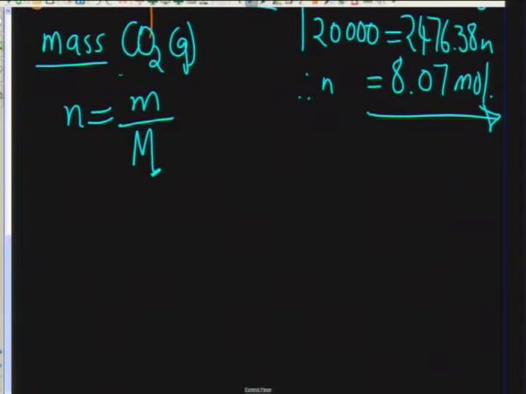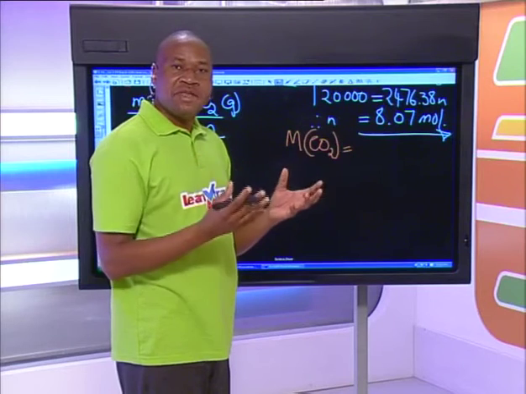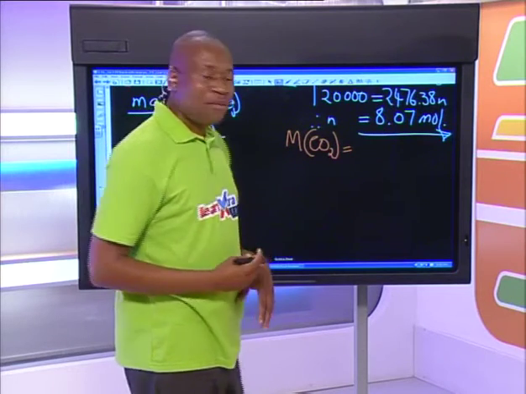Now we're talking about carbon dioxide. It means here we will need to find out what is the molar mass of carbon dioxide. And how do we work that out? The molar mass of carbon dioxide, M, would be found by going to the periodic table and you look for the molar mass of carbon, the molar mass of oxygen, put them together, they give you the molar mass of carbon dioxide.